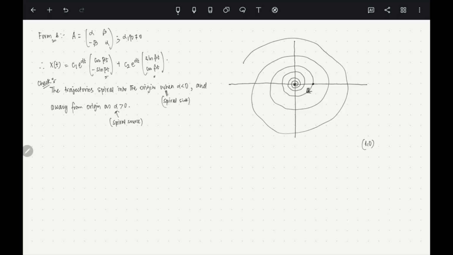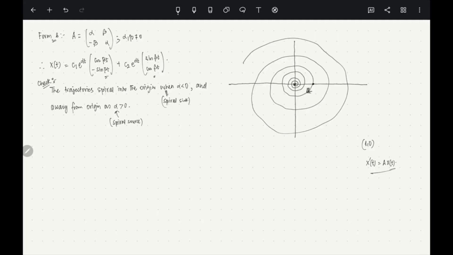If you have a point here, the point will move depending on the tangential direction, and that is given by the equation x prime equals Ax, so x prime of t equals A times x of t. Let's say t equals 0. At t equals 0, e to the power alpha t is 1.